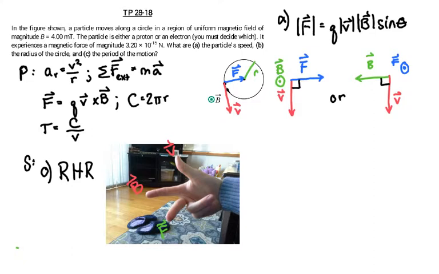Now that we have rewritten our coordinate system, we can see that the magnetic field and the velocity vector are 90 degrees apart. And the sine of 90 degrees is just 1. So now we can rewrite our Lorentz force like that. Now we need to find the speed, so we're going to rearrange this equation and solve for v.